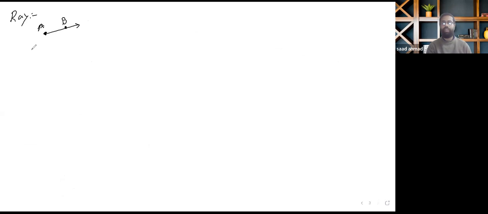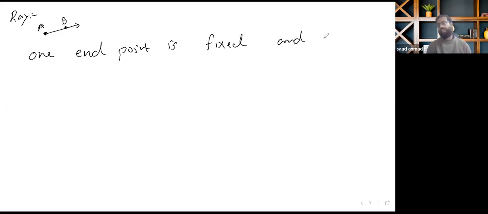It's a ray. Okay. One endpoint is fixed, and the other end extends to infinity.